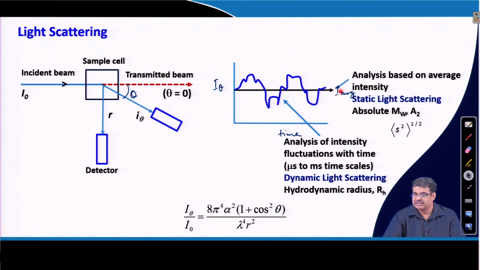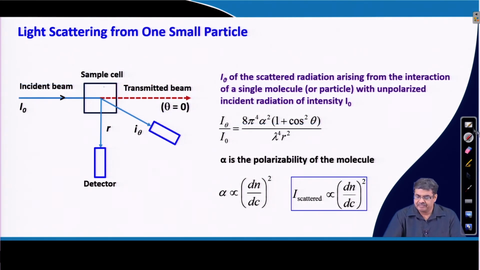The average value can be used to determine the molecular weight, the second virial coefficient and the size of the molecule, and the technique is called static light scattering. So, in static light scattering, we consider the average scattered light, and in dynamic light scattering, we consider the fluctuation in the light intensity. Now, we will go one after one.